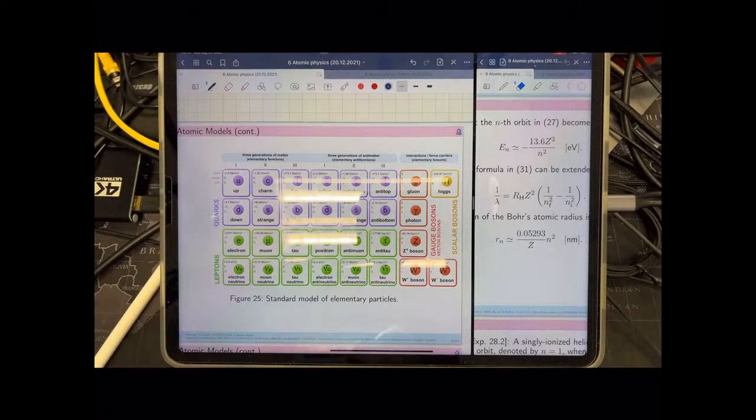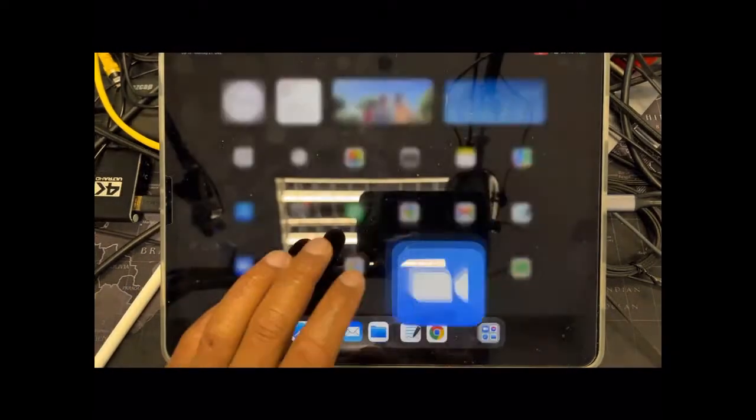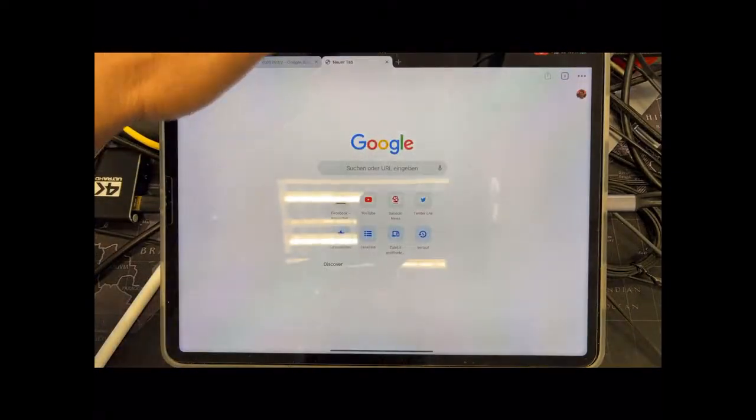Fermion comes from Fermi, a famous physicist. His full name is Enrico Fermi.